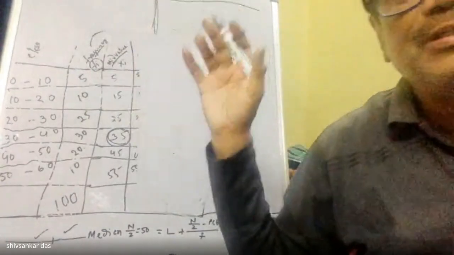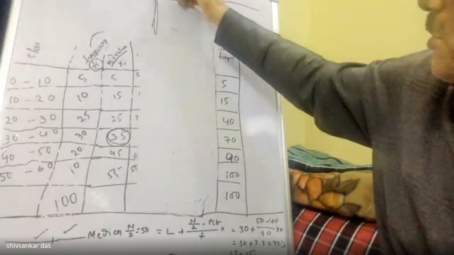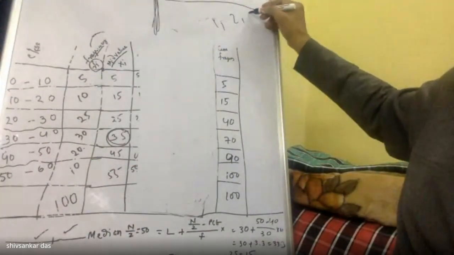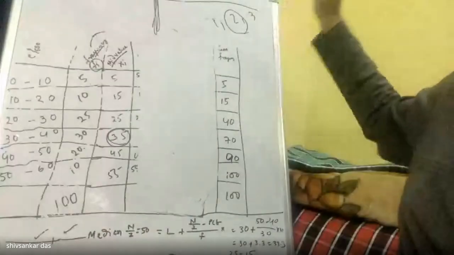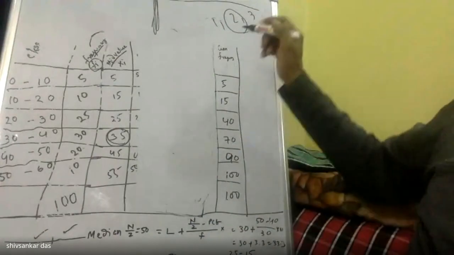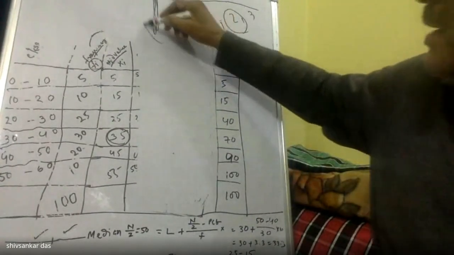Median is a positional average. There is nothing to be worried about, only the middle point. Suppose 1, 2, and 3, so 2 is the median in case of discrete values. In case of a grouped series, we should calculate the median.